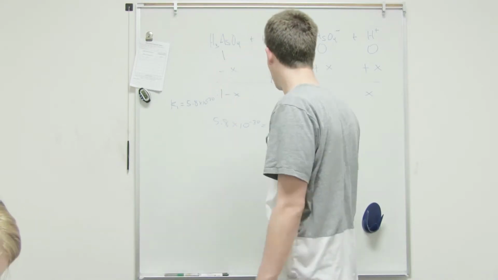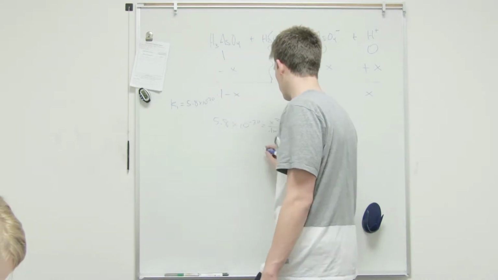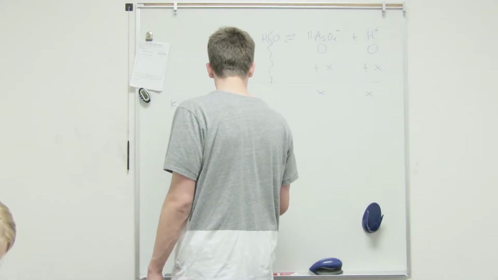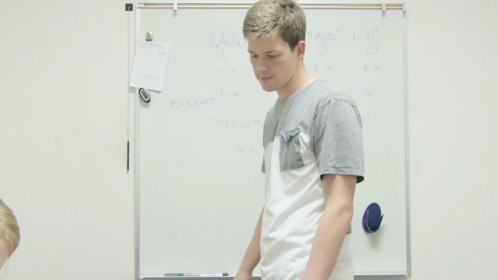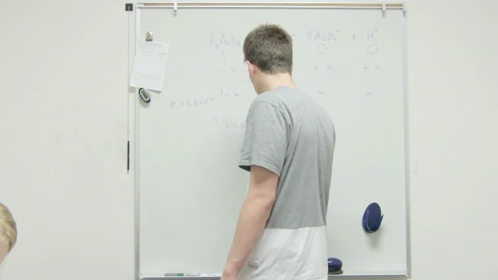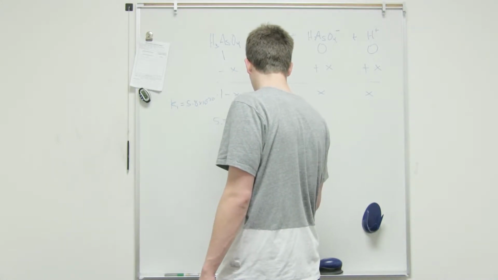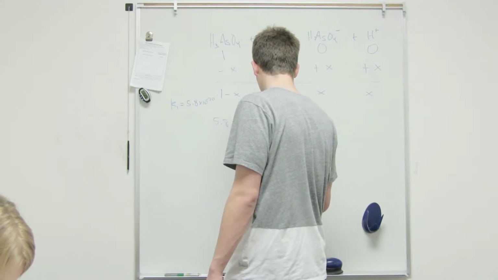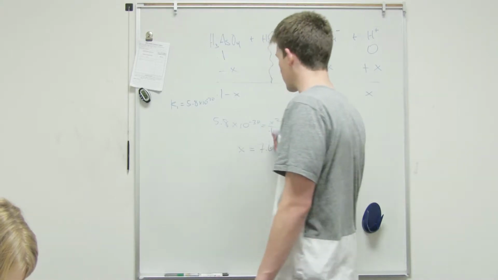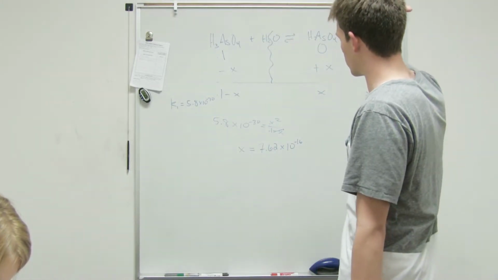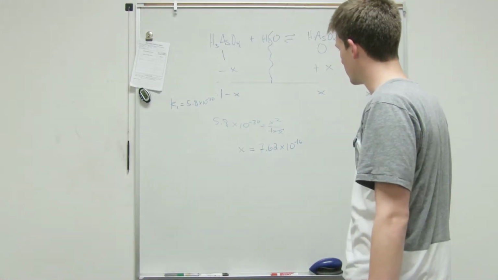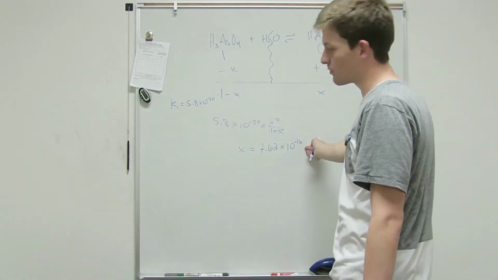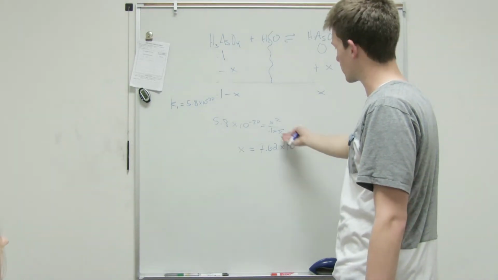Okay, and then the square root, so what does X equal? X equals 7.62 times 10 to the negative 16. So we look and go, okay, that's tiny, so we won't even worry about it. In this case you don't even need to divide, because you can just look and see it's tiny.